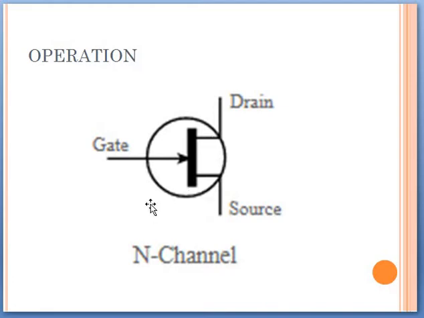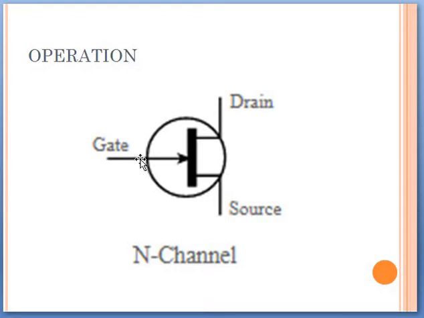The operation of the FET is the same as a tap. The tap has a knob which is used to control the flow of water, and here the FET has a control element called the gate.